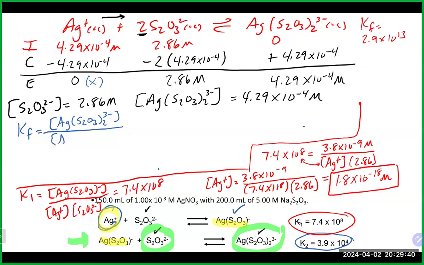divided by our silver. And now, because we are using the overall reaction, we do need to square it because of the 2 in the overall equation. And this will equal our 2.9 times 10 to the 13.